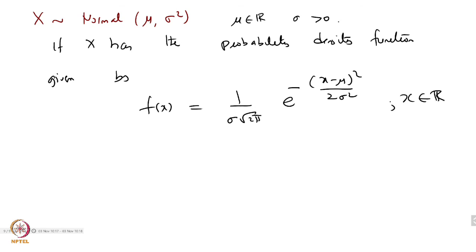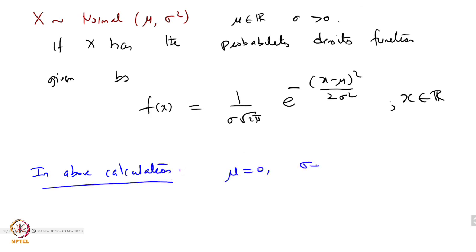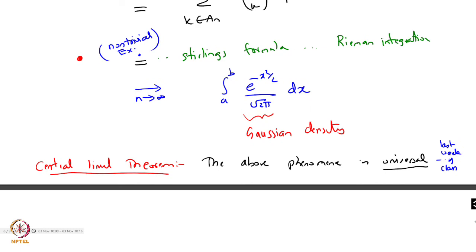In the above calculation, mu was 0 and sigma was 1. So X was normal 0, 1 in the above calculation.